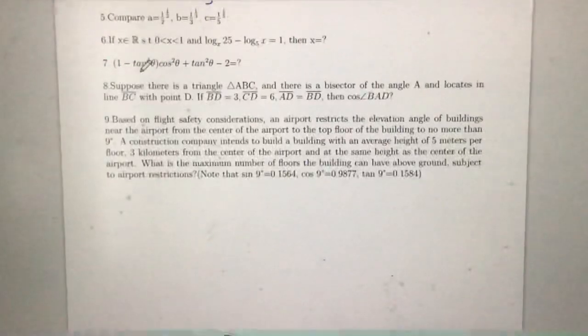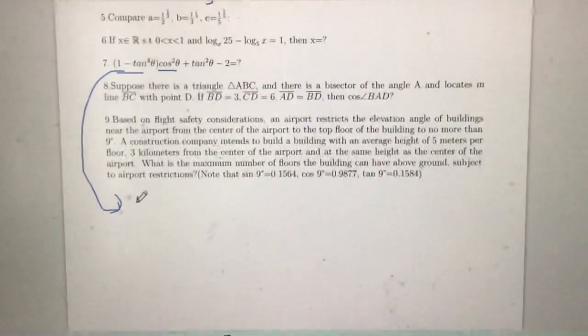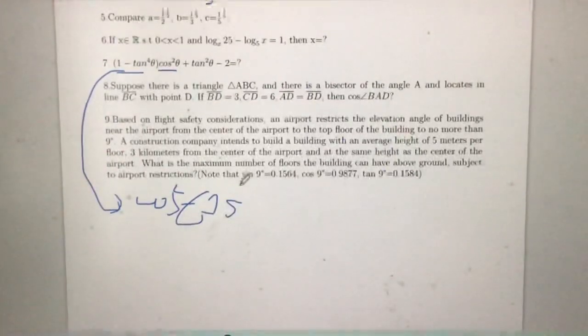Okay, so the first step is we can just multiply this guy times this one, right? So it will be the cosine squared and minus cosine squared times tangent with power 4, right?